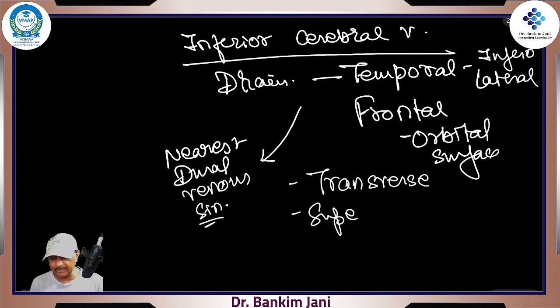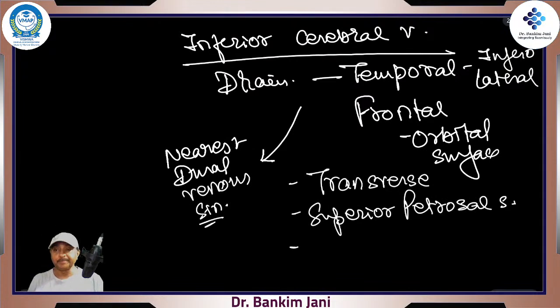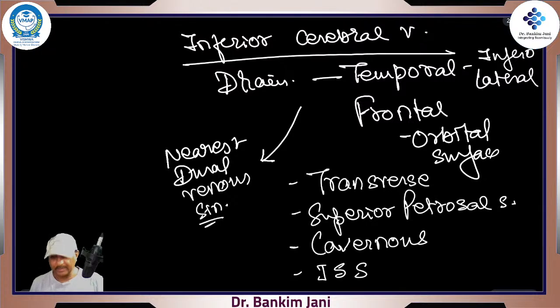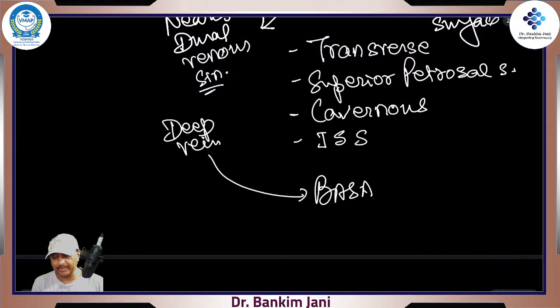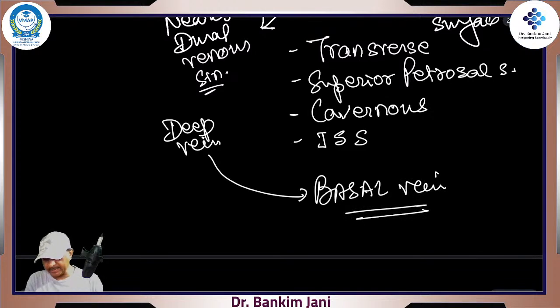You remember superior petrosal, which was going all the way to the cavernous sinus, right? Then cavernous sinus itself. Then the inferior sagittal sinus can land over there. And in the deep veins, there is one vein where it can go, and that is the basal vein. This is a deep vein. So things can land over there.